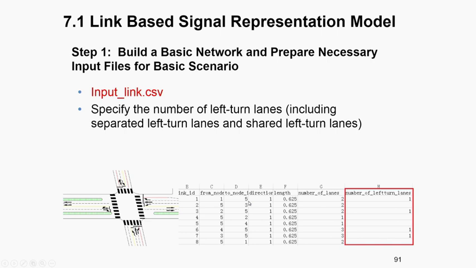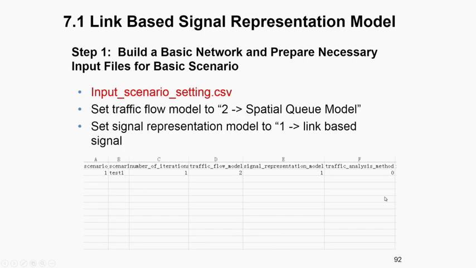Okay. In the input link.csv file, you can specify the number of left turn lanes. And in the input scenario setup, typically you can use either 1 or 2 for the point queue model or the spatial queue model for the signalized intersection.